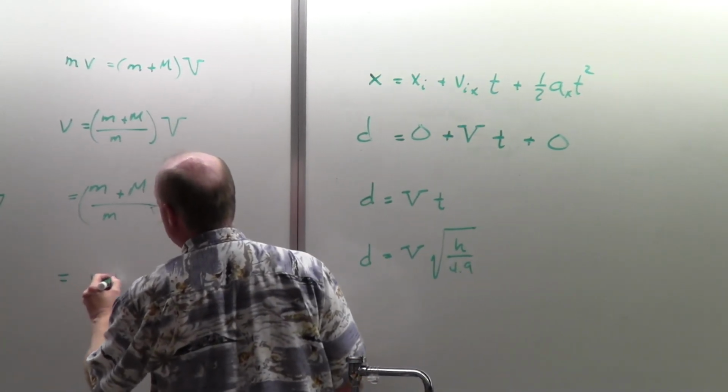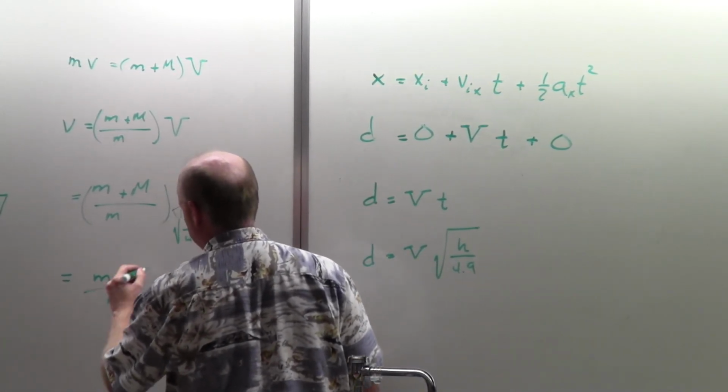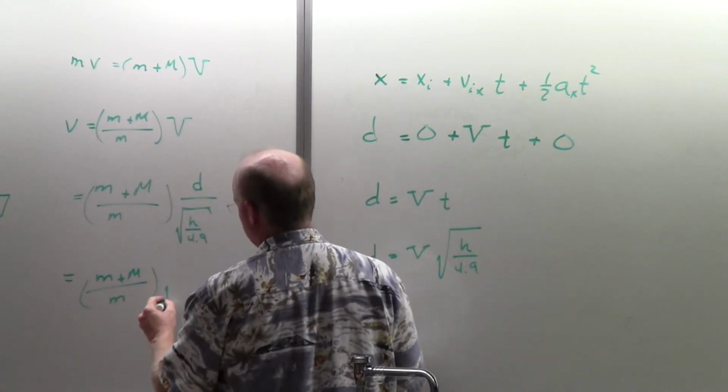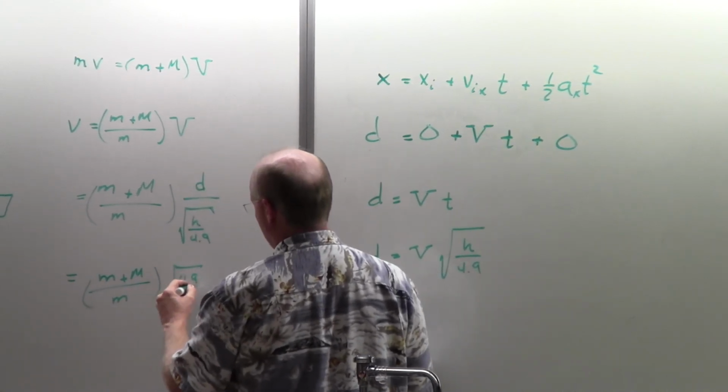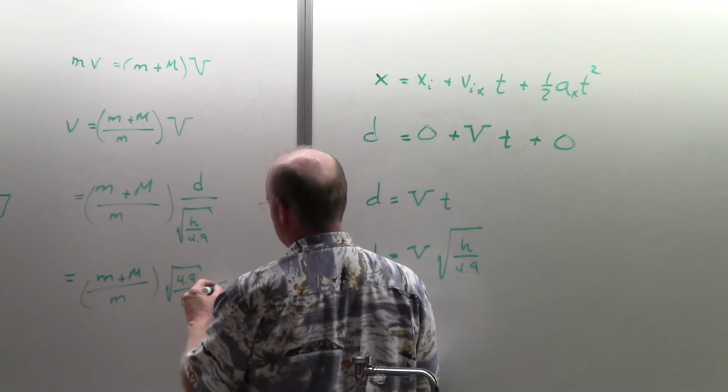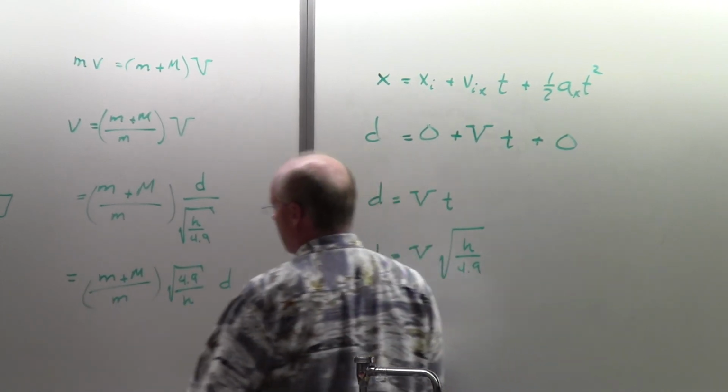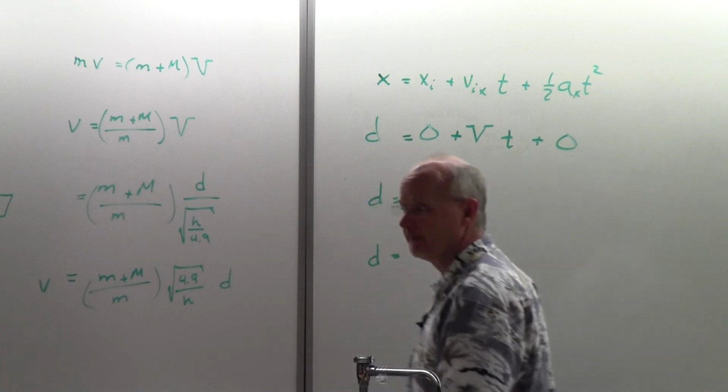And maybe simplifying the compound fraction so that this becomes the square root of 4.9 over h, and then times d.